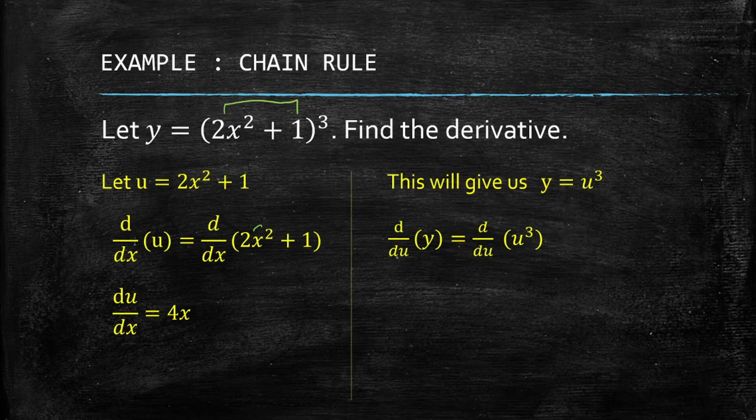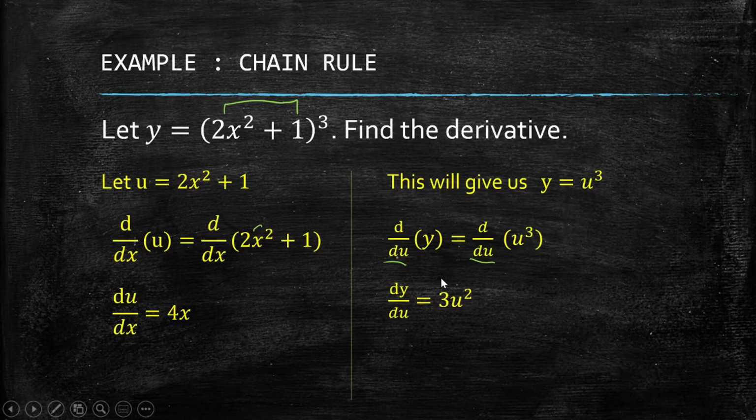Then we also get the derivative of y, and we'll have 3u squared. Take note that this is the derivative with respect to u, because our variable here in the function, instead of x, is now u. That's why this is du here.